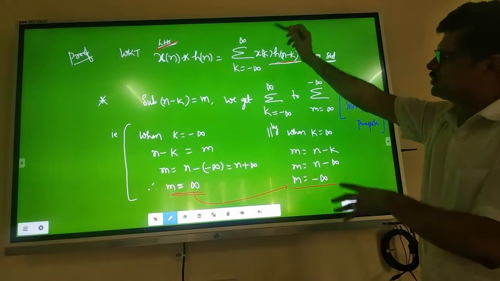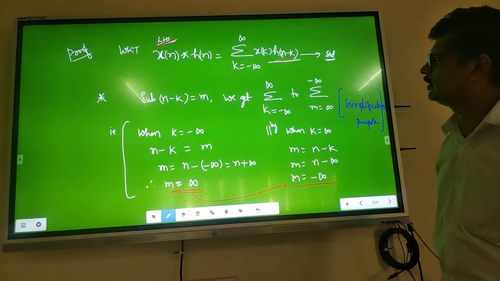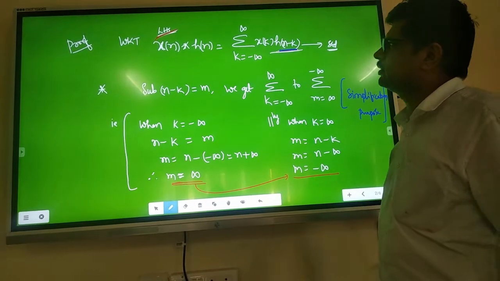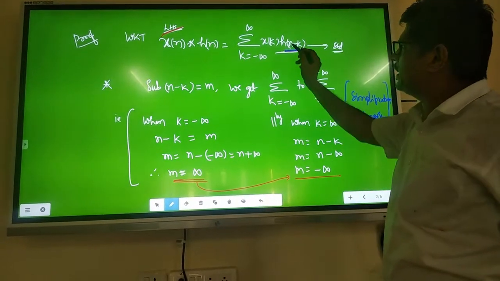This is the standard shifted impulse formula. Now see the second term, h of n minus k, and how to get the RHS.